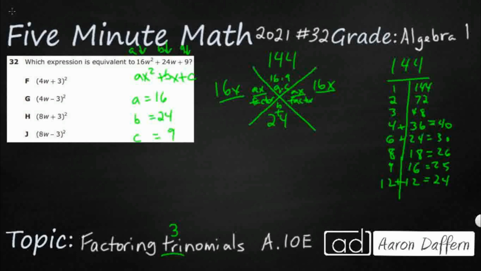So that's what I'm looking for. All right, so I've got this now. And so 12 times 12 gets me 144. And then 12 plus 12 gets me 24. All right, so that's good.